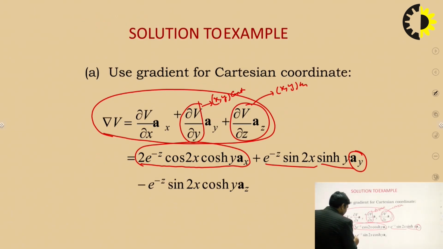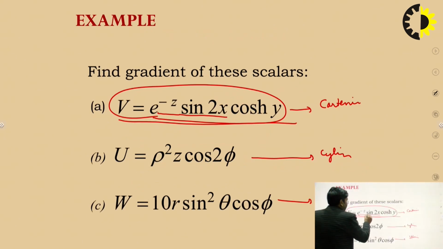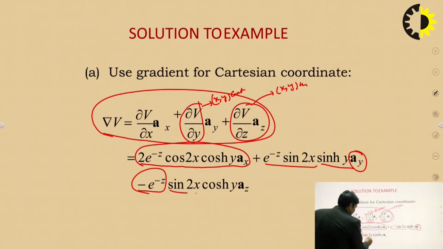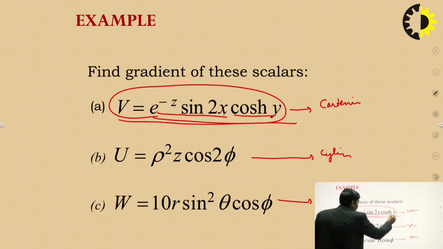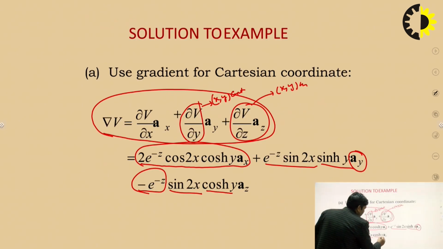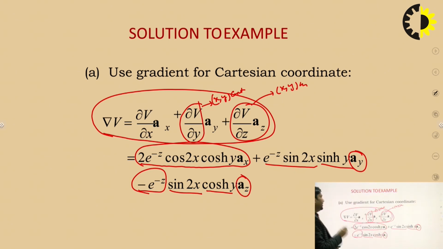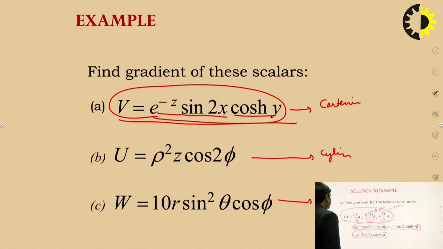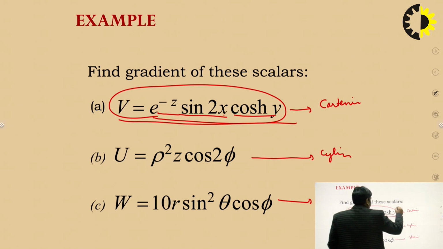So we get minus e raised to power minus z, and since x and y are constant, sine 2x stays as it is and cos hyperbolic y stays as it is, in the direction of az. So we easily calculate the gradient of a scalar field in the Cartesian coordinate system. The first question is solved.